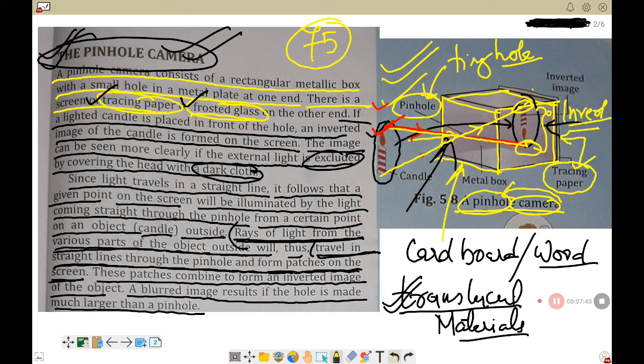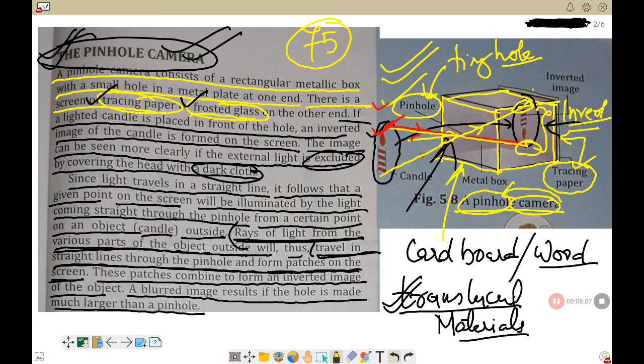Okay, now let's see about the size of the image formed by a pinhole camera. You just follow the book as I read. The size of an image formed in a pinhole camera depends upon the distance of the screen from the pinhole and the distance between the object and the pinhole. So there are two things.